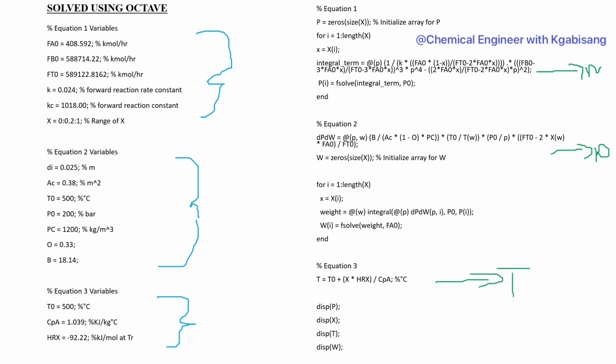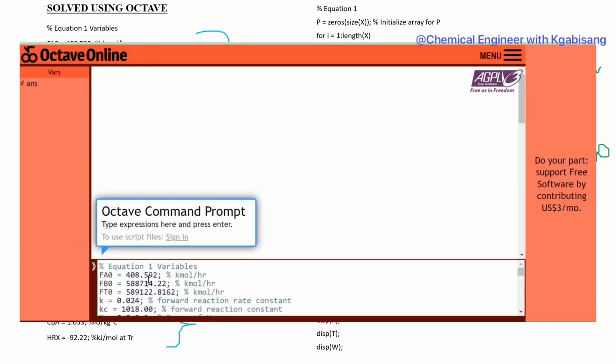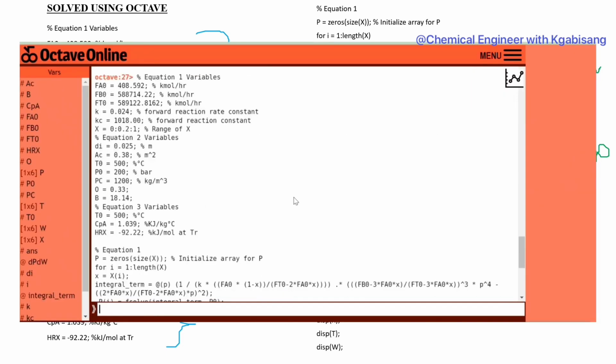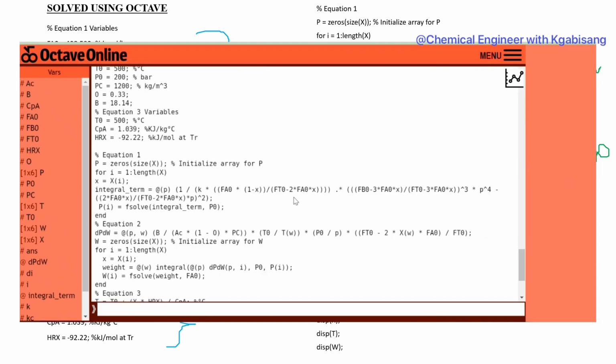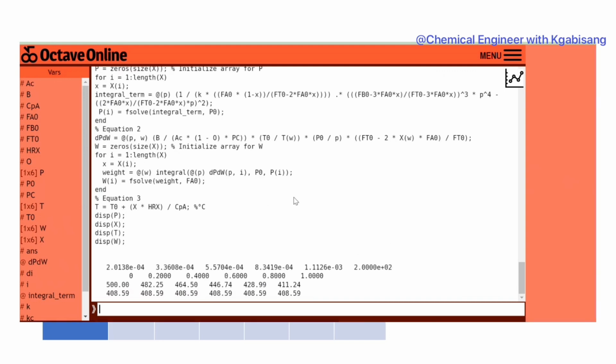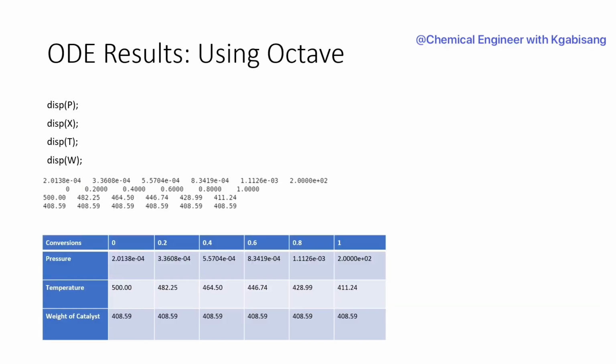If we solve equations 1, 2, and 3 simultaneously, and tell Octave to display X, P, T, and W, you should get your results at different conversions. So Octave will give you results in this format here, where this first line is all the temperatures, written on this table at different conversions, 0, 2, 4, 6, 8, 10.